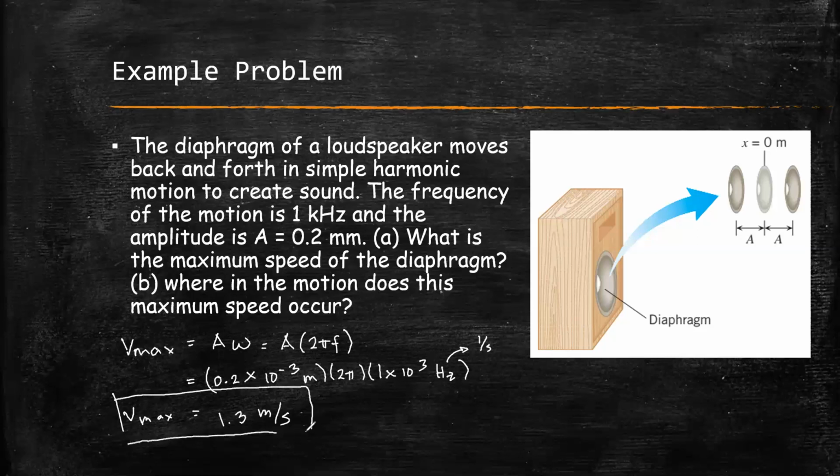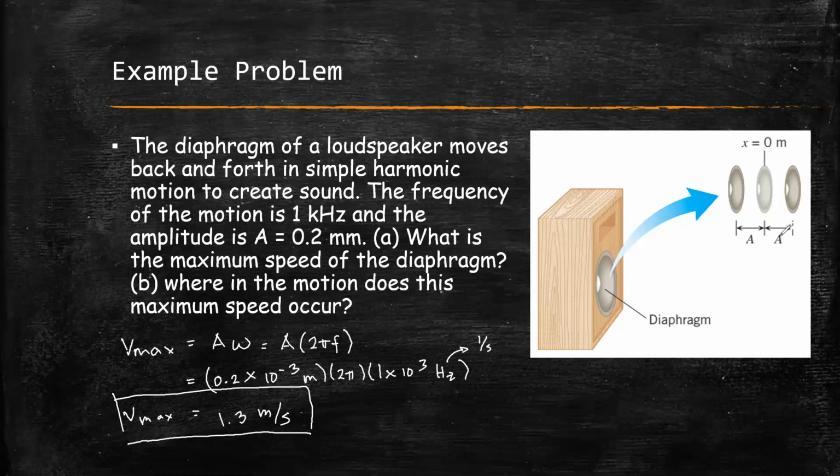For letter B of the question, where in this motion does this maximum speed occur? The speed of the diaphragm is 0 when the diaphragm momentarily comes to rest at either end of its motion. As you can remember from the simulation, we observe that at maximum displacement, or the amplitude, it has a velocity of 0.